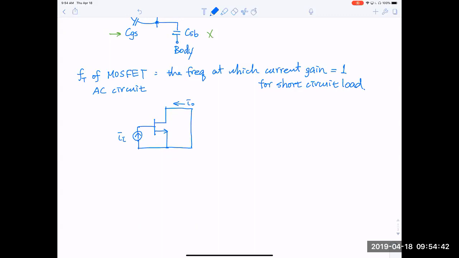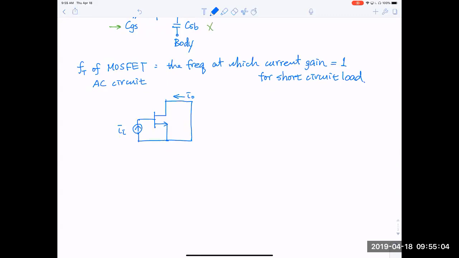So if you want to design a faster microprocessor that runs at, say, 10 gigahertz clock rate, your FT has to be at least 50 gigahertz. For modern transistors, FT is on the order of 100 gigahertz up to about 300 gigahertz. So that's pretty fast.